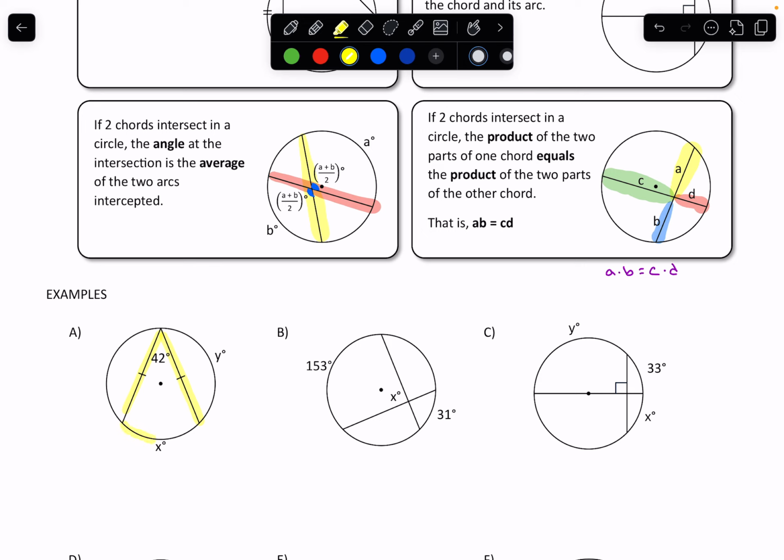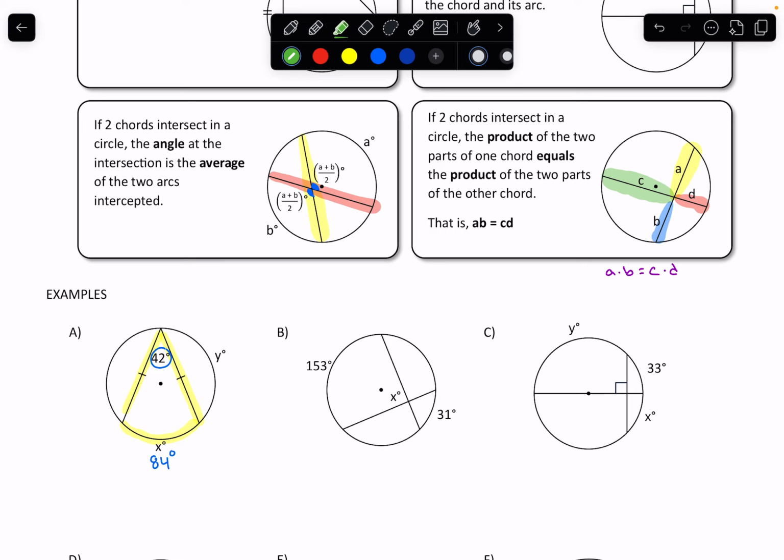If I want this arc, I can go back to the last video where we learned that an inscribed angle is half of the arc. So if that angle is 42 degrees, that means x is 84 degrees. That arc on the outside is 84 degrees. Well, that got me x. Now I've got to find y.